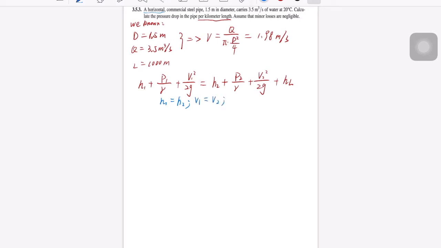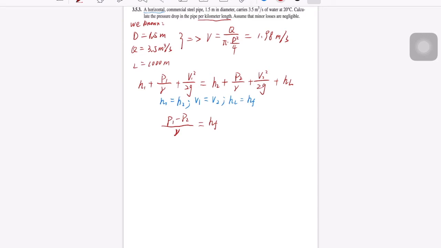And the minor losses are negligible, so head loss equals friction loss. Now, the energy equation can be written as P1 minus P2 divided by gamma equals HF. So if we know the friction loss, we can calculate the pressure drop.